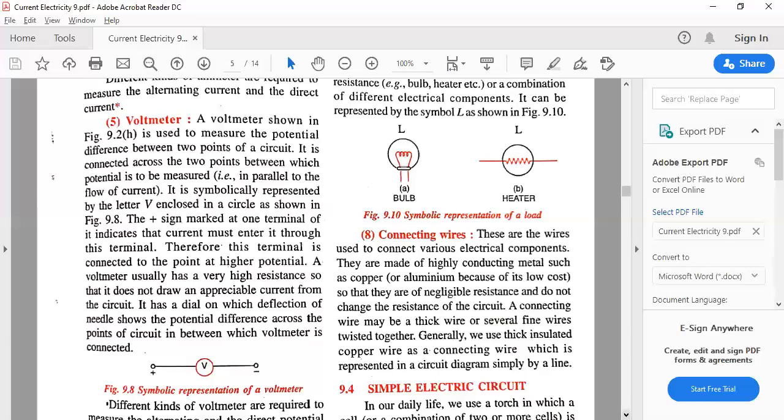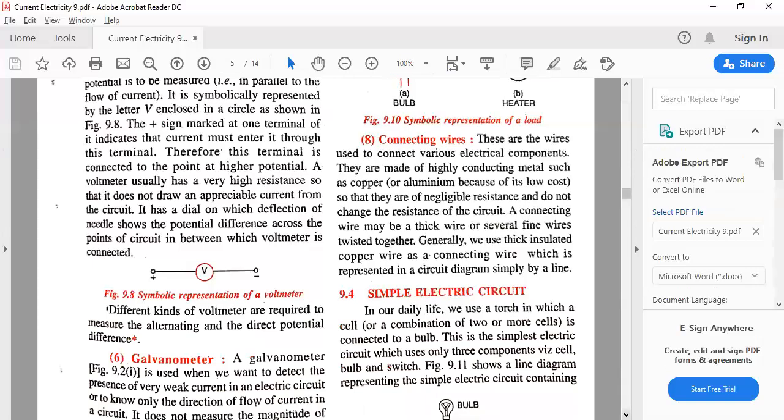It flows until both sides become equal, because if it becomes 0, the difference becomes 0. Then there will be no current flowing. So there has to be some difference. Whenever there is a difference between the potentials of two sides, only then can we have current flowing.